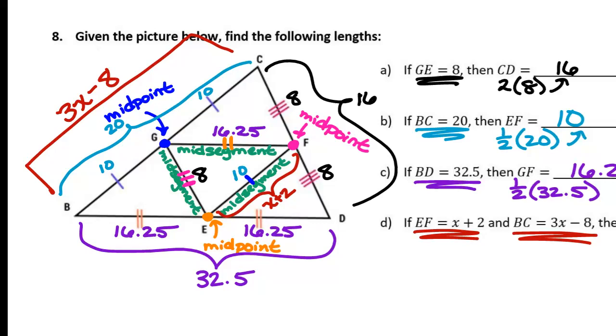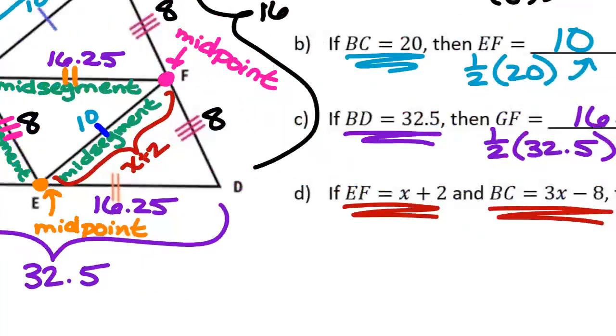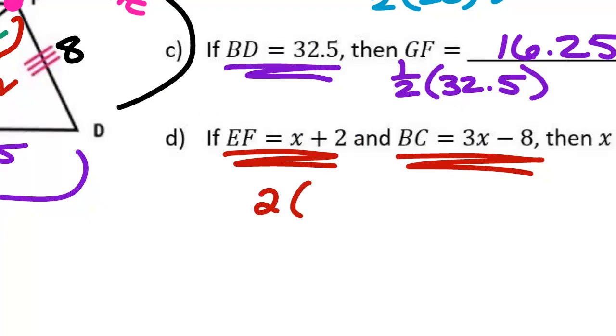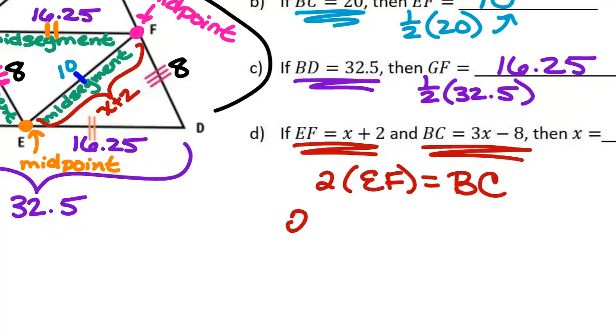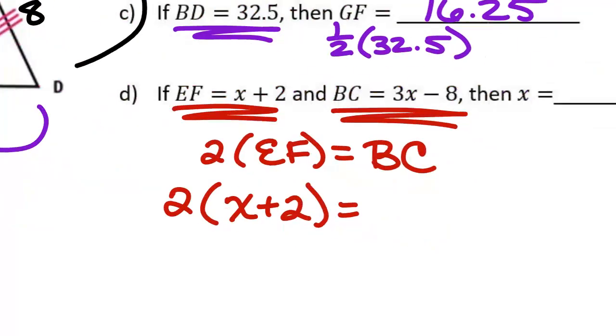EF is a midsegment, and this would be the third side because it doesn't touch it. How many midsegments fit over here? 2. So 2 times EF equals BC, which means 2 times x plus 2 equals 3x minus 8.